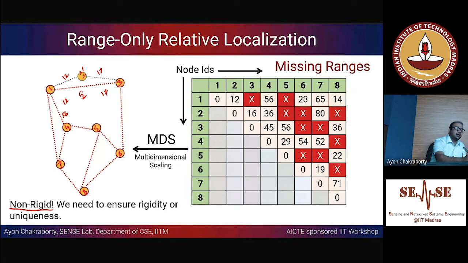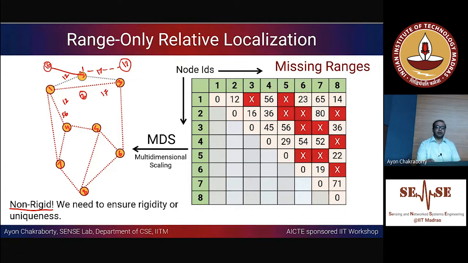If 2 was here, they would create a certain geometry. If 2 was there, there could be other nodes like 16, 17 and so on, that had a certain distance relation with 2, that will also start changing. So at the end of the day, if you have any flexible components within your graph, the entire graph is going to be flexible, and the relative topology that you are going to get is erroneous or ambiguous.